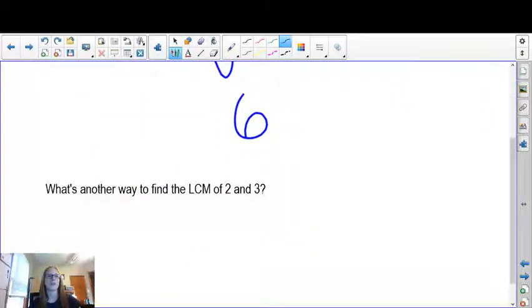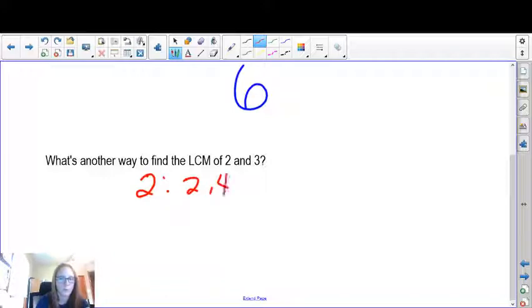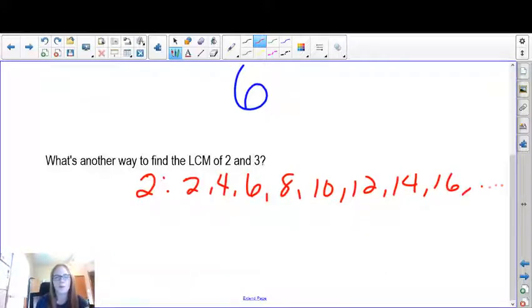What's another way of looking at the exact same problem? Well, I did red and purple. I could have just listed the multiples, 2, 4, 6, 8, 10, 12, 14, 16, so on and so forth.